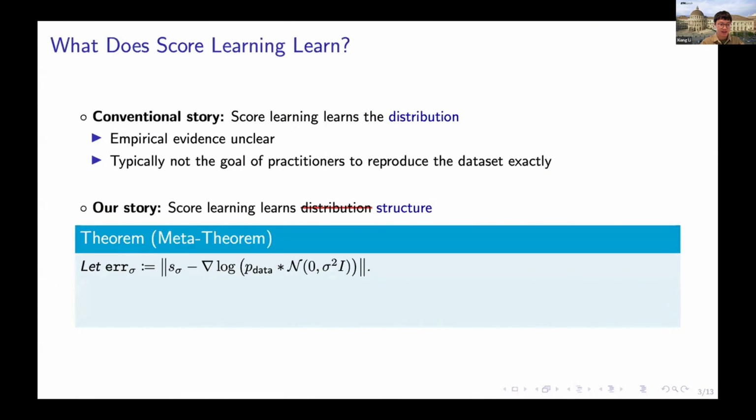So what do I mean by this? Let's consider the error between the recovered score function at sigma and the true score, under the manifold hypothesis, which means that the support of your p data lies in a low dimensional manifold, a lower dimensional object than the ambient Euclidean space. Recently, I think there are many works that also pose this manifold hypothesis.